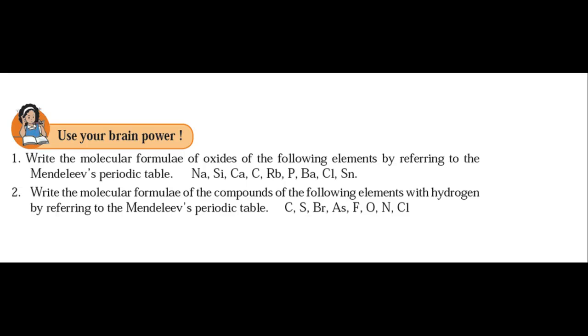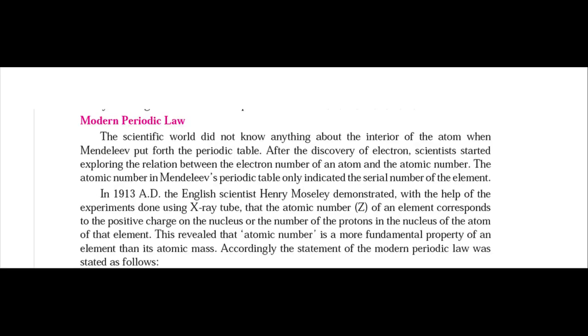CH4, that is methane, H2S, that is hydrogen sulfide, HBr, that's hydrobromic acid, AsH3, arsenic hydride, HF, hydrogen fluoride, H2O, that is water, it's also called dihydrogen oxide, NH3, ammonia, and HCl, that is hydrochloric acid.